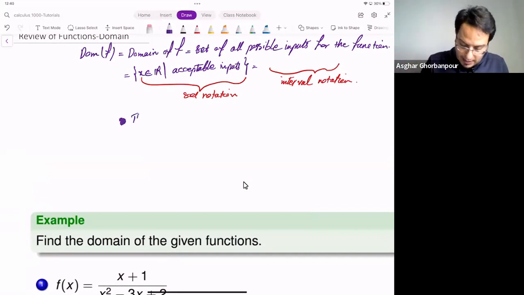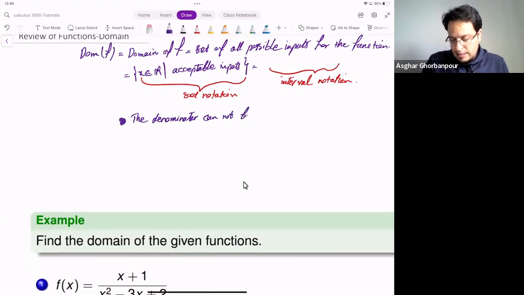So the denominator cannot be 0. So when you have a function whose definition involves a fraction, the denominator cannot be 0. And that's the restriction that defines the domain.